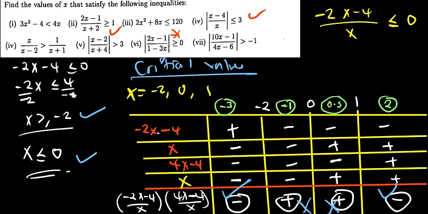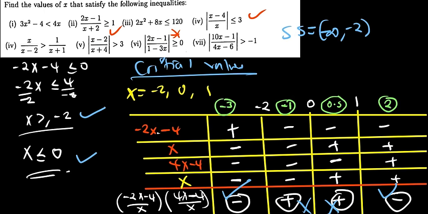So I'll say the solution set will be equal to, now since it is less than or equal to, we are saying it has to be included. So it's starting from negative infinity all the way to negative 2, included because it is less than or equal to, union, again starting from 1 to positive infinity.